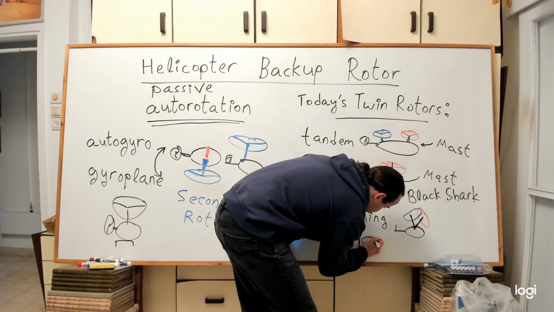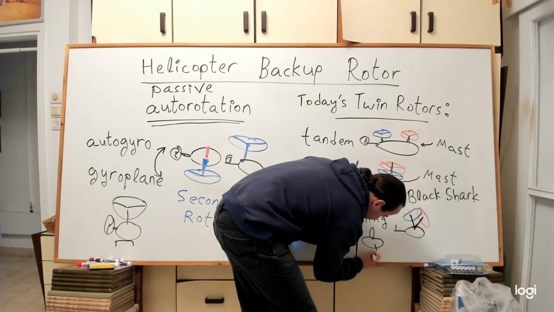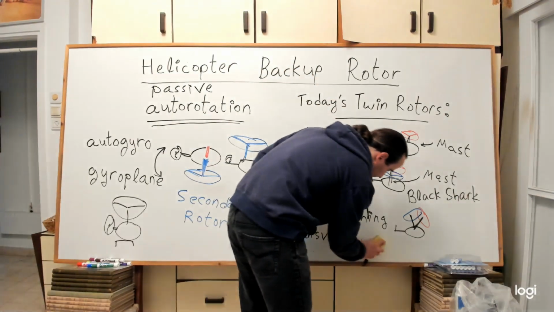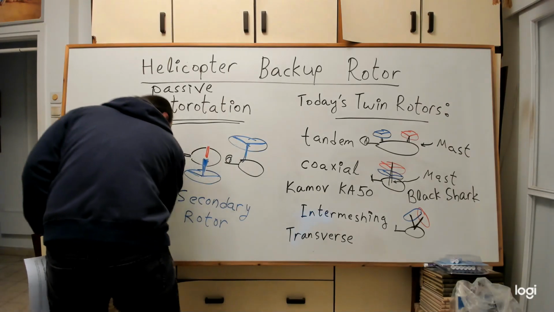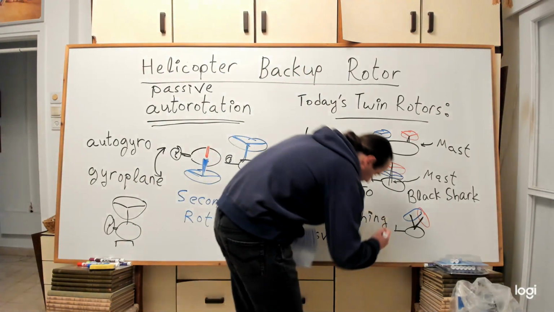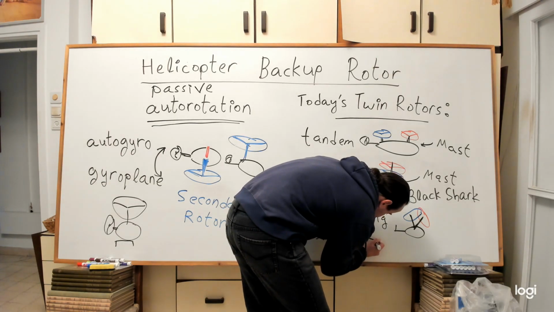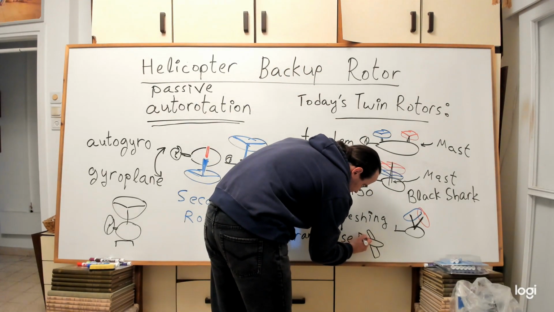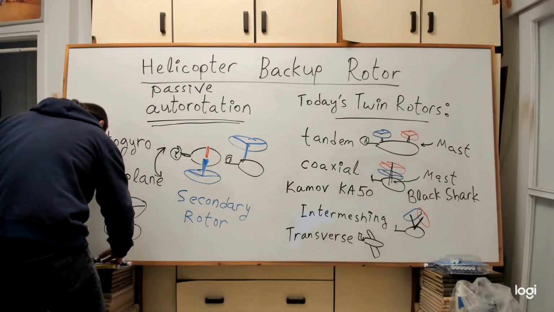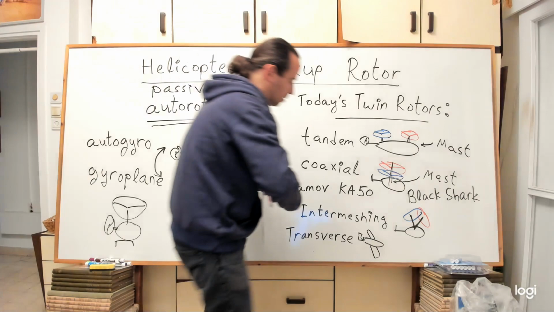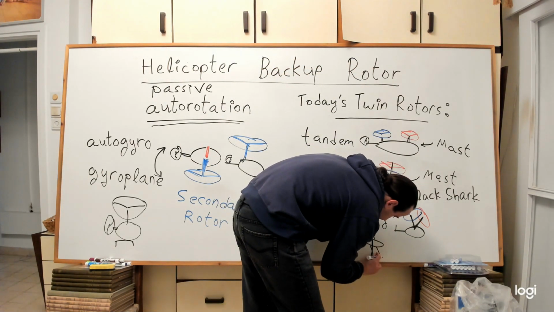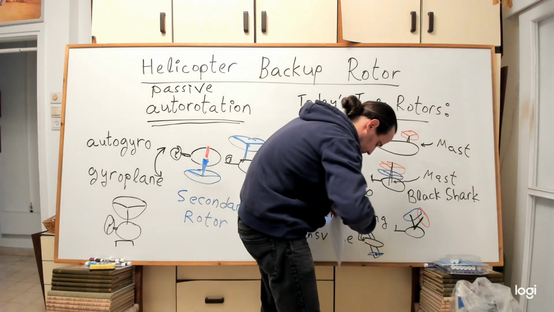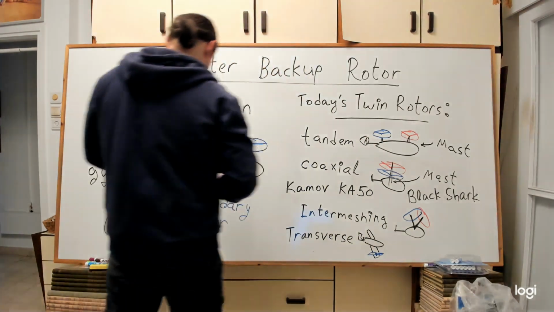This thing has wings, and on each wing, imagine an airplane, and here is some tail, and there is one rotor here and one rotor on the other wing.